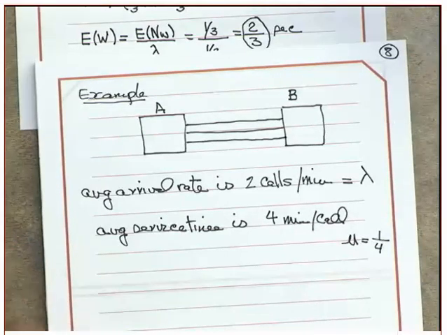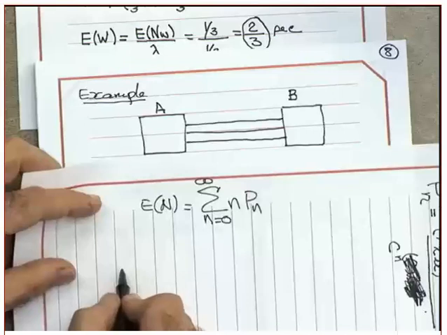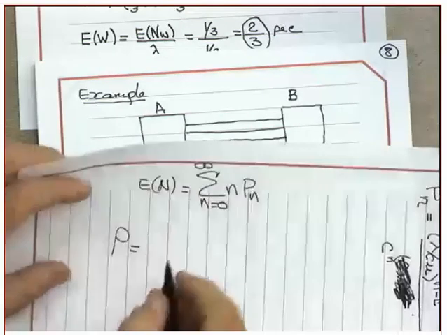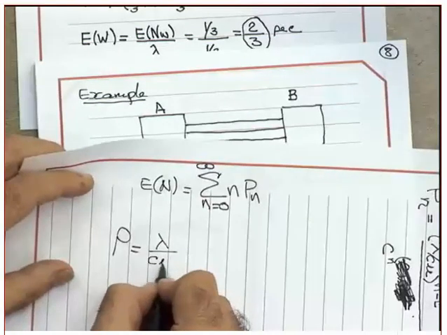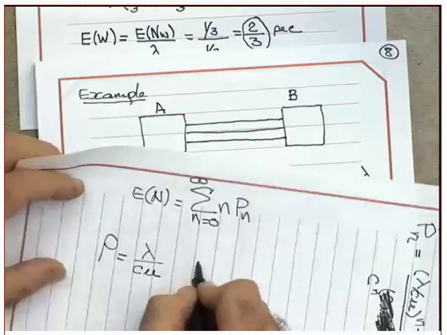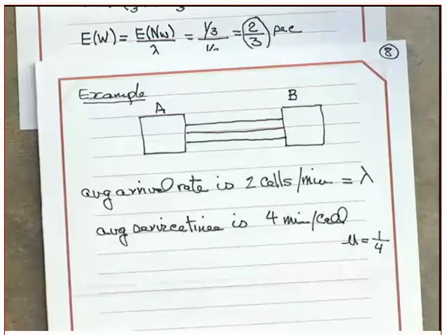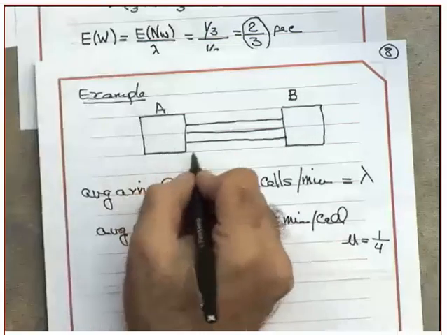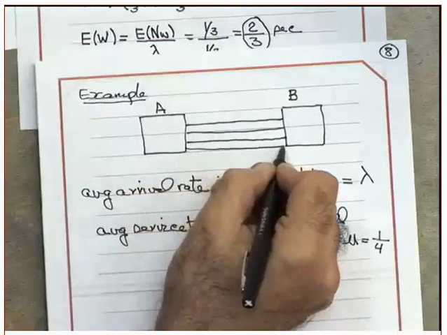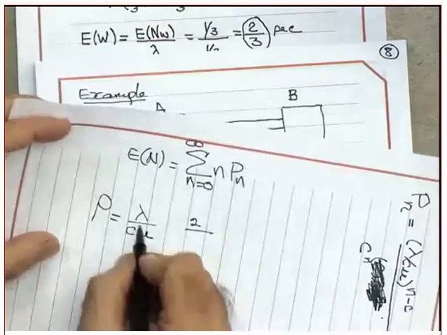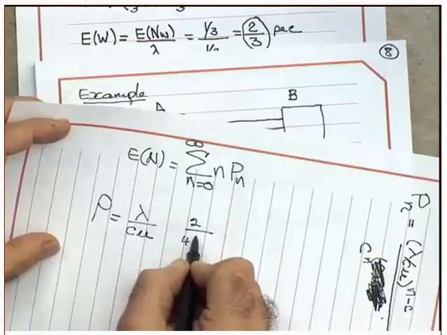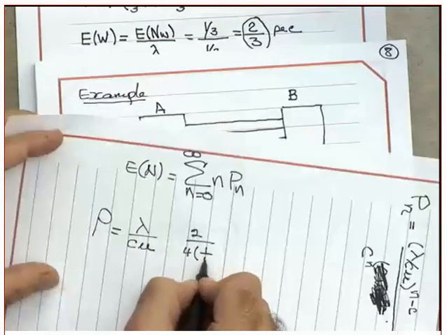But is this correct? We need to make sure that the system is stable. What is the rho? Rho is lambda over what? C mu. So what is lambda? 2. And C mu is what? Okay, let's add another line to make the math simple. So the C is what? 4 times what? 1/4.